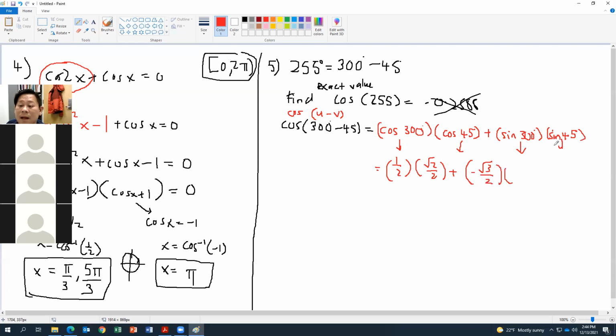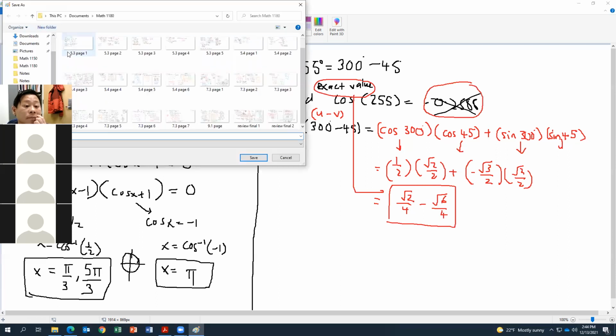Negative √3/2. And sine 45 is √2/2. So now you just multiply them up. So you get √2/4 minus √6/4. And that is your answer in this case. This is the exact value that I'm looking for, not this.